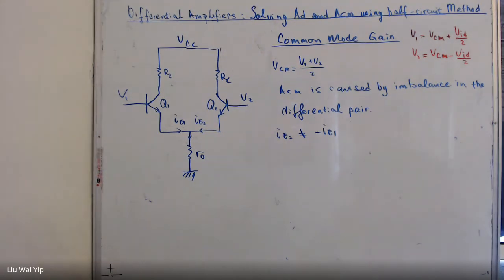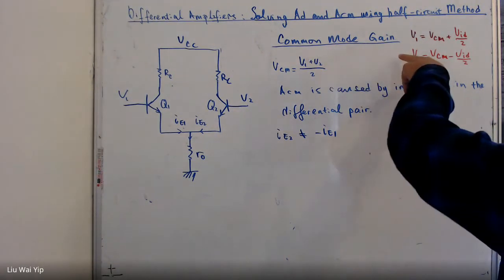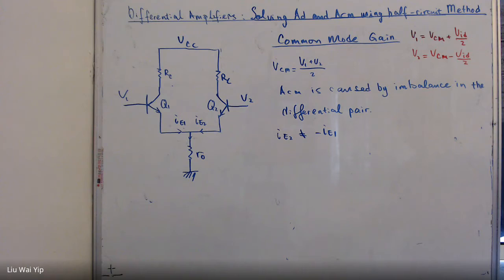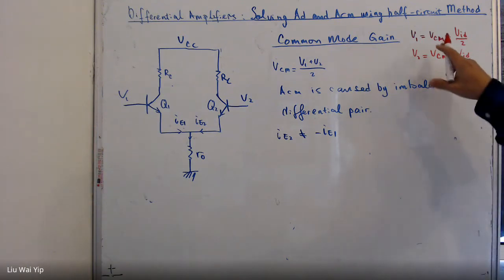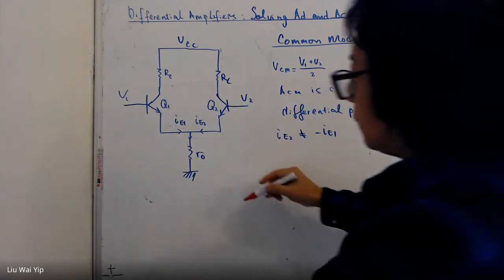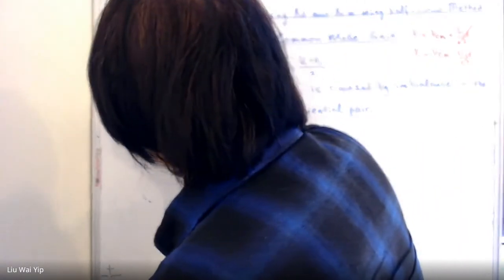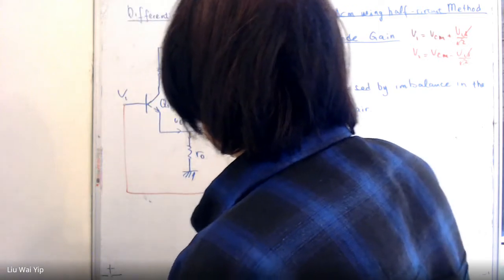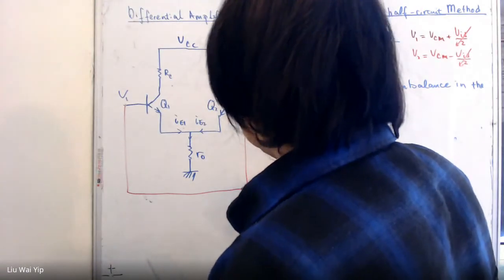Now we are dealing with common mode gain, and we are trying to use the superposition technique to solve for common mode gain. In this case, VID is going to be 0. So we end up with this circuit.